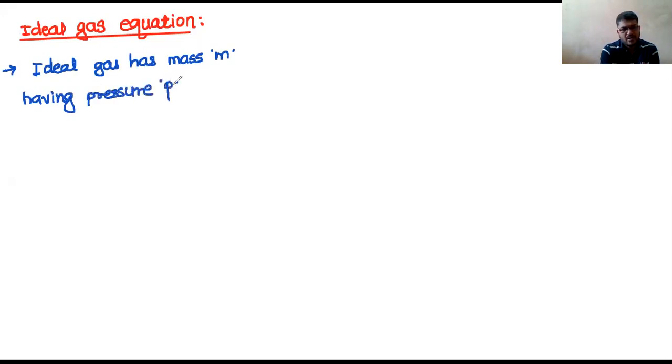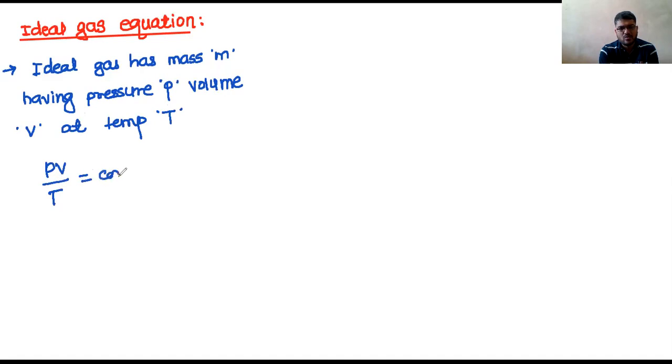pressure P, volume V, at temperature capital T, then PV by T is equal to constant. Understand what the ideal gas equation is? PV by T is always equal to constant.